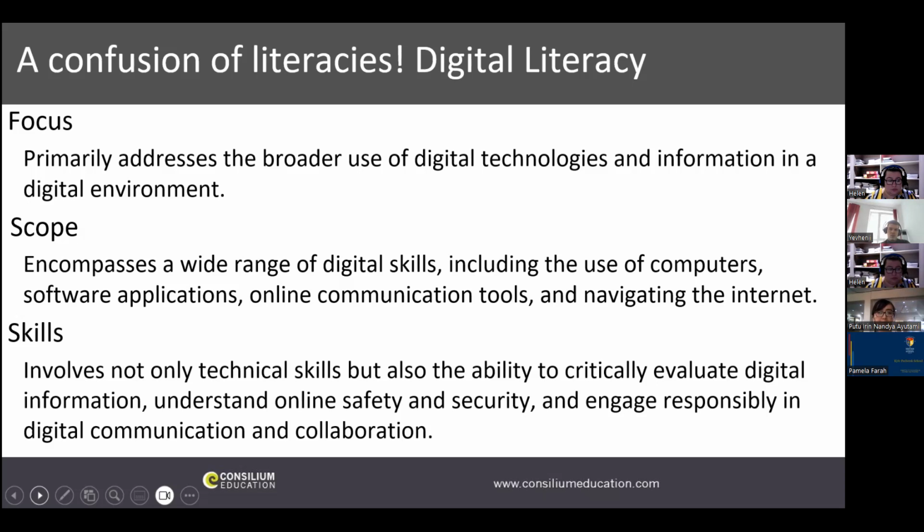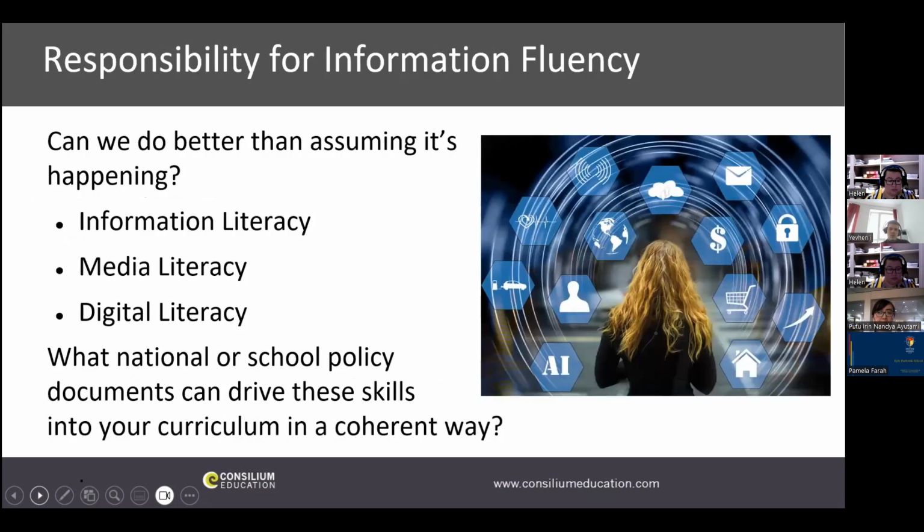Okay, so on to the next slide, please, Val. So I then started to ask myself, who has responsibility for information fluency in an educational setting? And I guess the obvious and inevitably true answer is that all educators and indeed all families in support of their child.